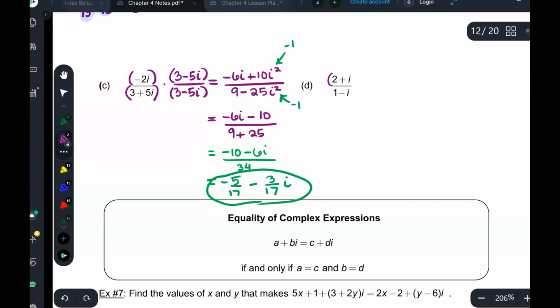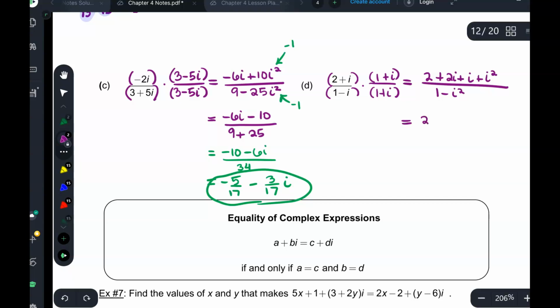Next one, again, we always work with whatever's in the denominator, so it's going to be 1 plus i, 1 plus i, and it looks like I have to do FOIL in the top. So I'm going to have 2 plus 2i plus i plus i squared. And the denominator, I just get 1 minus i squared.